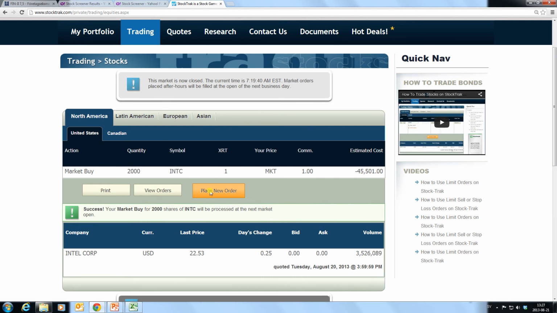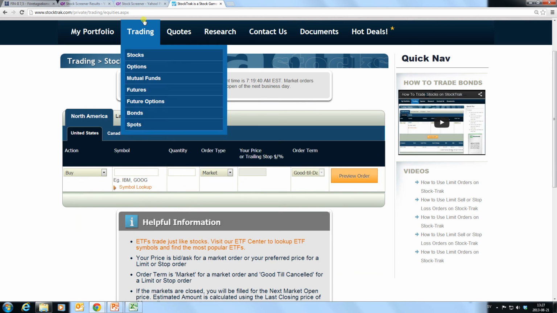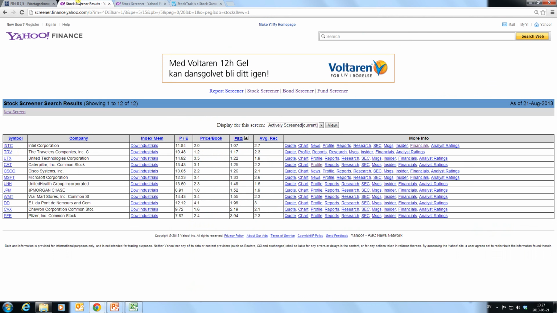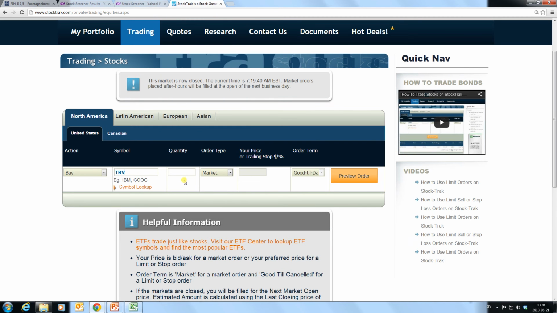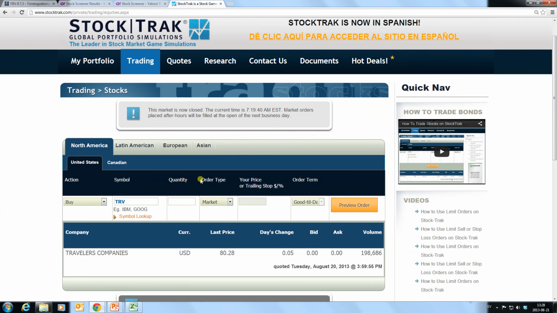But I'm not done yet, because I wanted to buy the second company as well, which was in this case the Travelers Companies Incorporated. The symbol is TRV. I go to StockTrack, enter the symbol, we look at the company and see that the price here is 80, so it's fairly much higher, and I'm going to purchase 400 of this share.